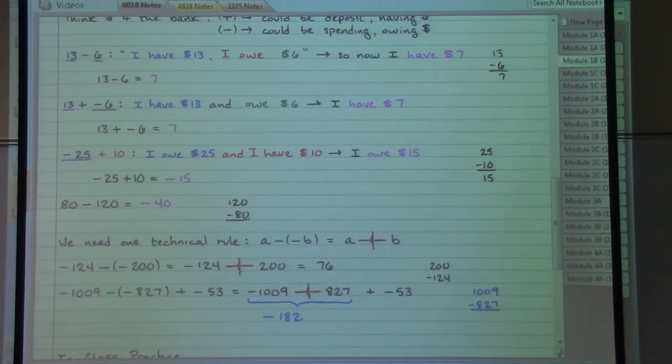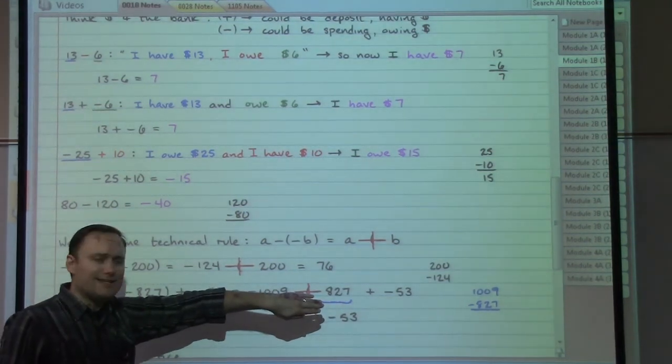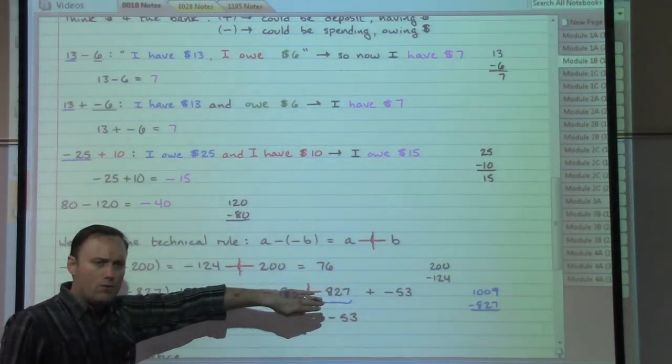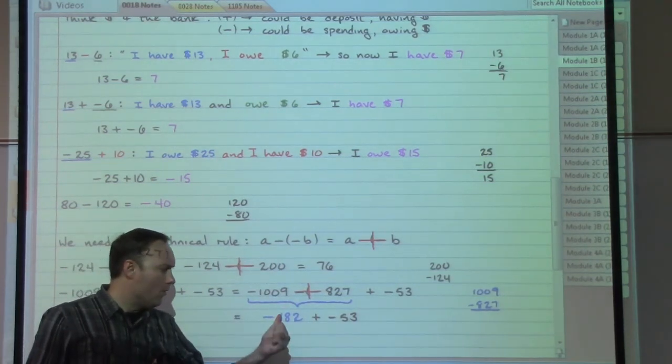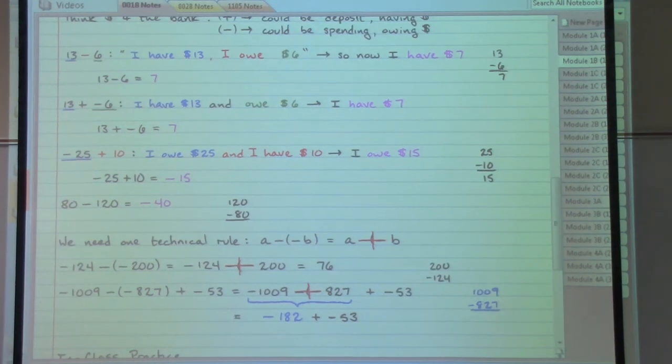Then we still have that plus negative 53 to deal with. So if we owe 182, cover that up, plus sign, don't care about that. Really the next number that I see is a negative. So I owe 53. I owe 182, I owe 53, which means that overall, I will owe money.